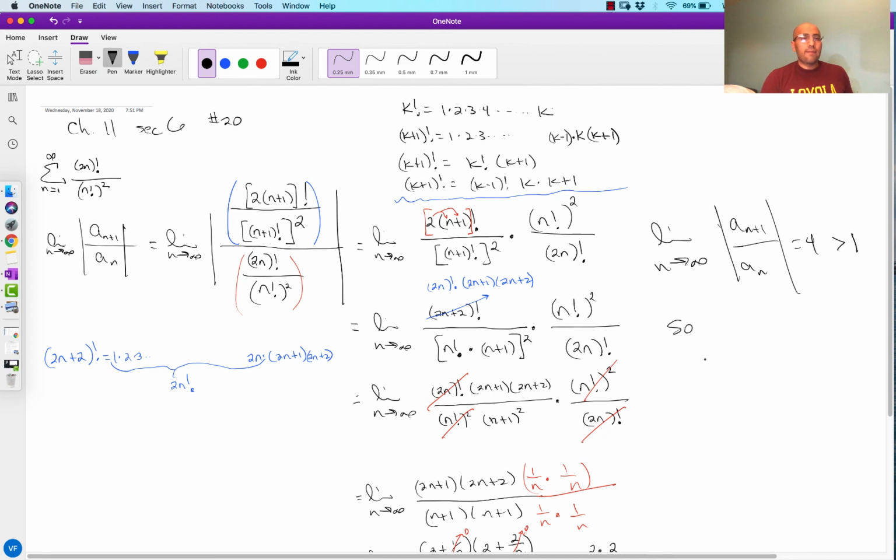So that means that this diverges. So the series of (2n)! divided by (n!) squared, as n goes from 1 to infinity, diverges by the ratio test.